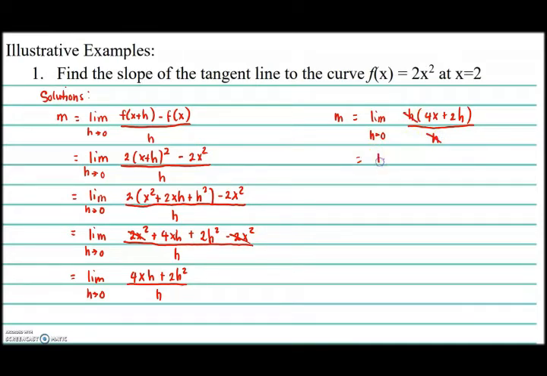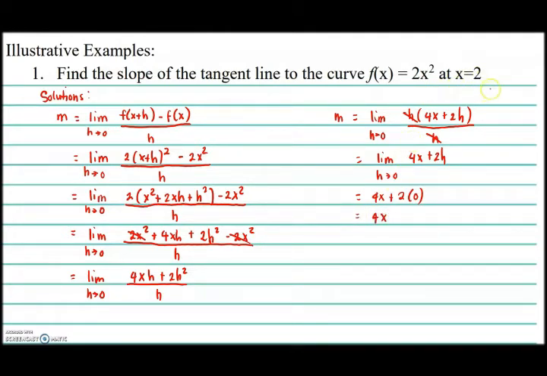So you have here the limit of 4x plus 2h as h approaches 0. Alright, solving for the limit, we have here 4x plus 2 times 0. So we have 4x.